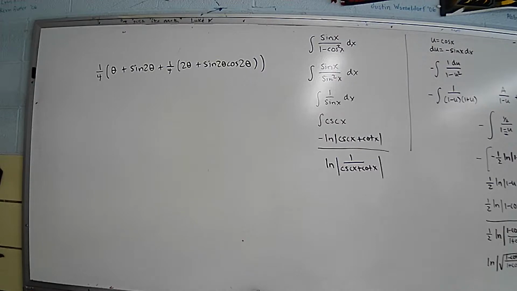What's the double angle formula that involves cosine? Cosine 2x equals cosine squared minus sine squared. Cosine 2x equals 2 cosine squared minus 1. Cosine 2x equals 1 minus 2 sine squared. You don't know those, Gavin? Wow.